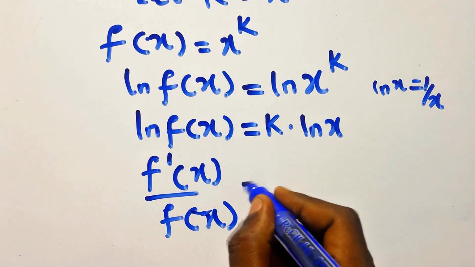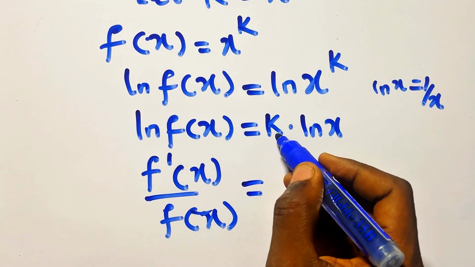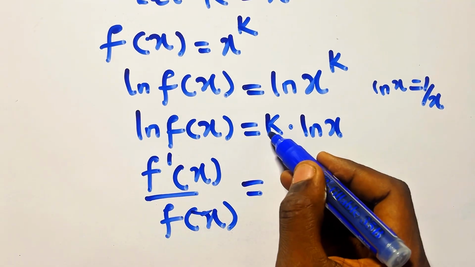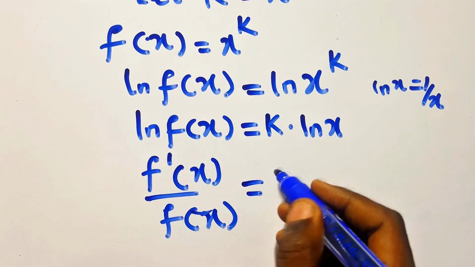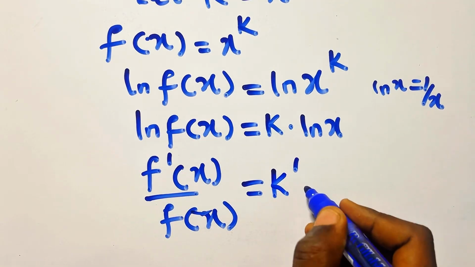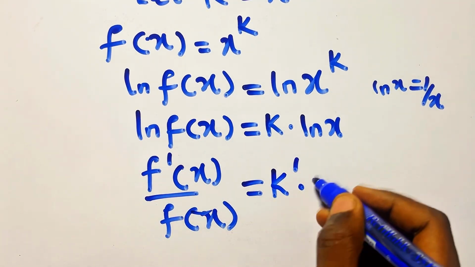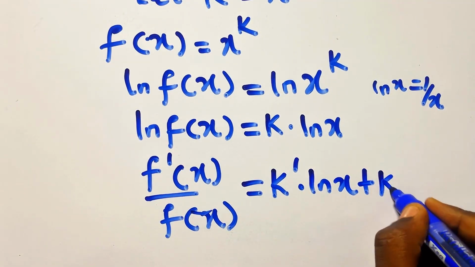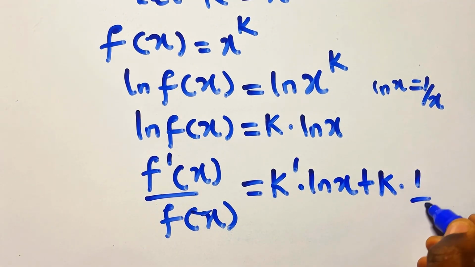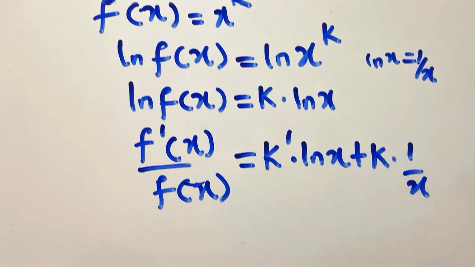So f prime of x divided by f of x equals: we keep this, we differentiate this, plus we keep this, then we differentiate this. We are going to have k prime times ln x, plus k times the derivative of ln x, which is 1 divided by x.